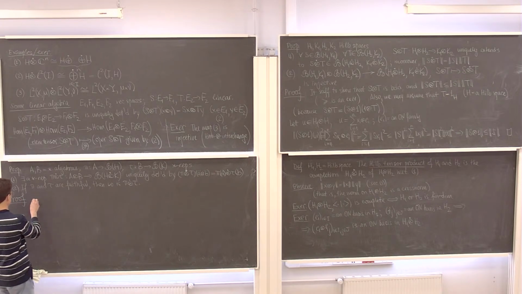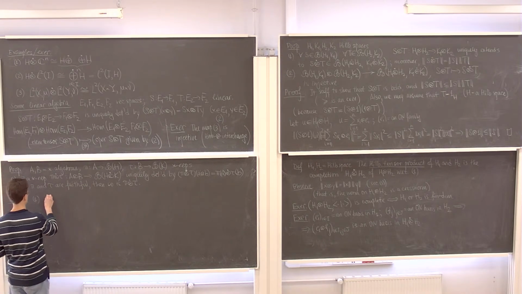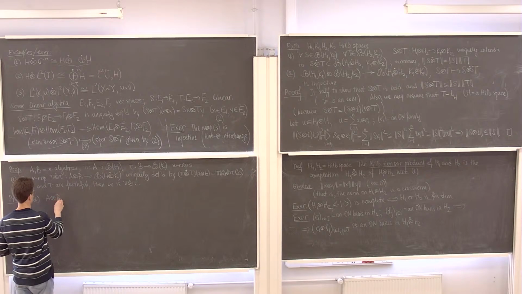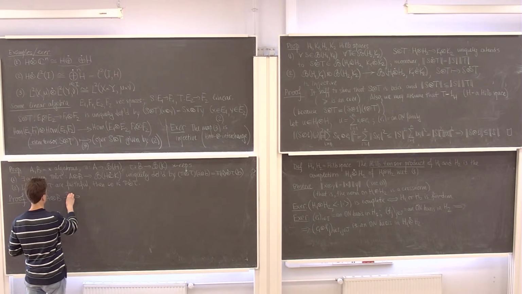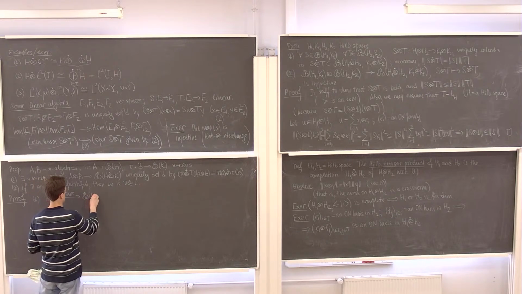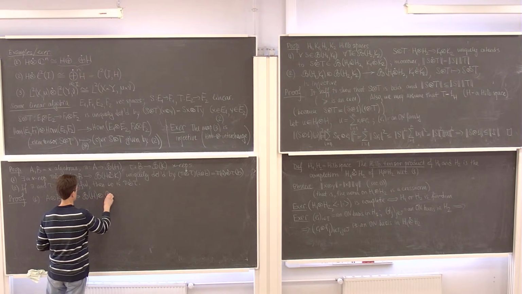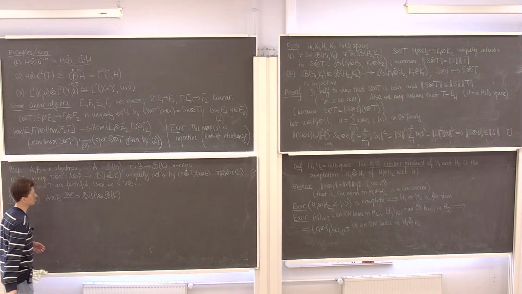Well, the proof is very easy. To prove part 1, we just take the algebraic tensor product of pi and tau. This map takes A tensor B to B(H) tensor B(K). And now we use this.